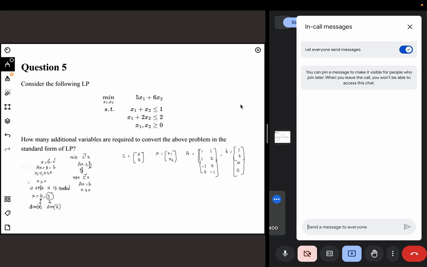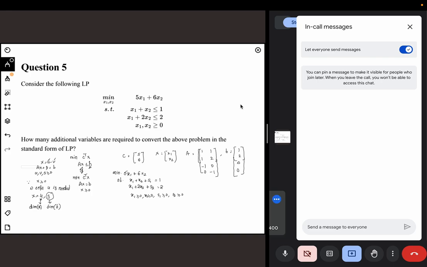in the original problem, if I have to convert it into the standard form, I can write it as minimize this, subject to x1 plus x2 plus s1 equal to 1, x1 plus 2x2 plus s2 equals 2, and then I have the constraints x1 greater than or equal to 0, x2 greater than or equal to 0, s1 greater than or equal to 0, and s2 greater than or equal to 0.